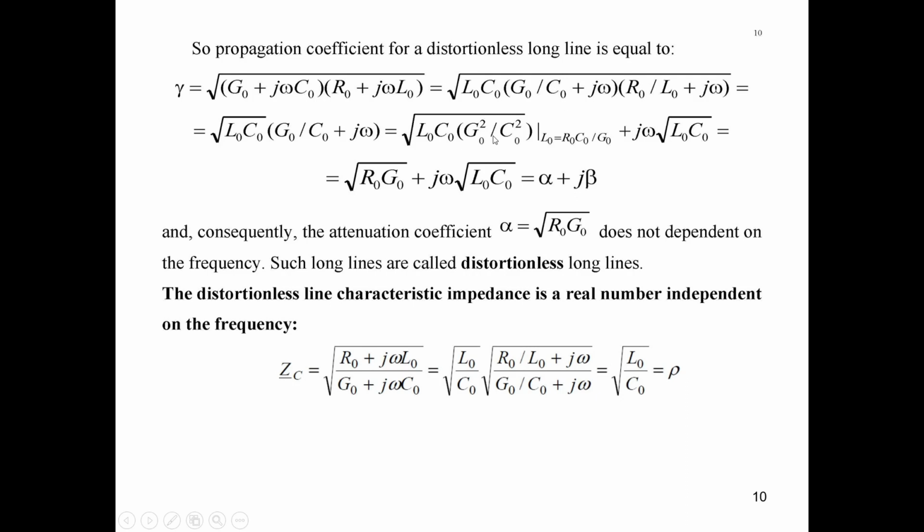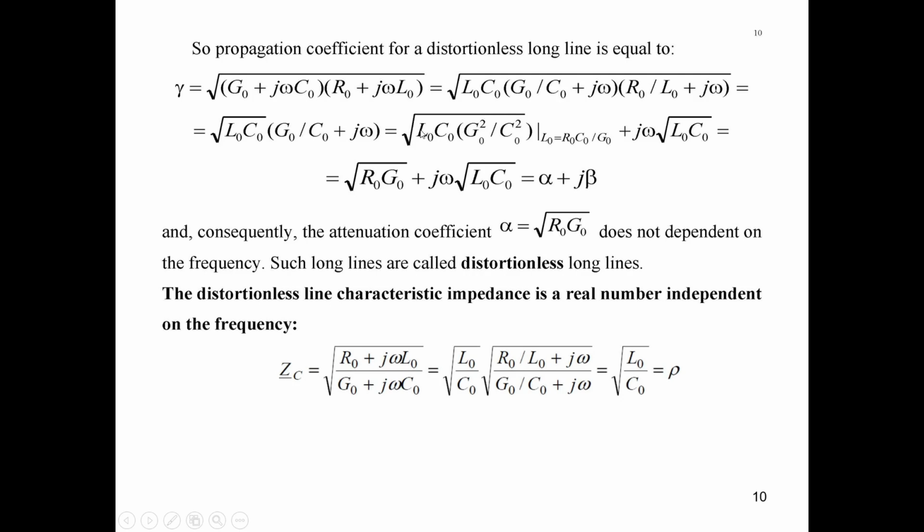Okay, so we have such an expression, and we can write it as a sum of a real part at this condition, and an imaginary part, j omega multiplied by the square root of L0 C0. You see here we have C0 squared in the denominator and C0 in the numerator.